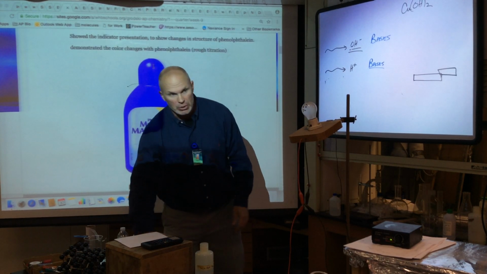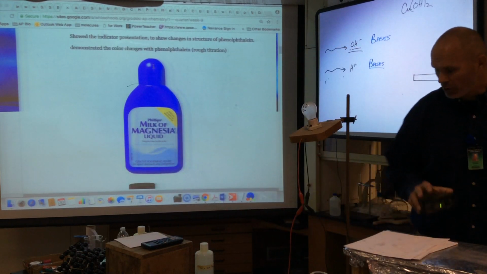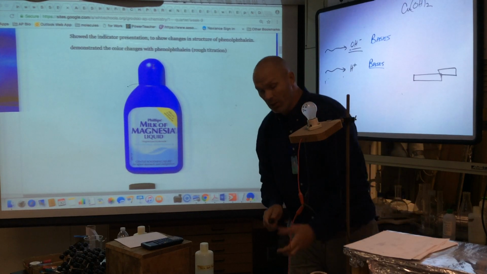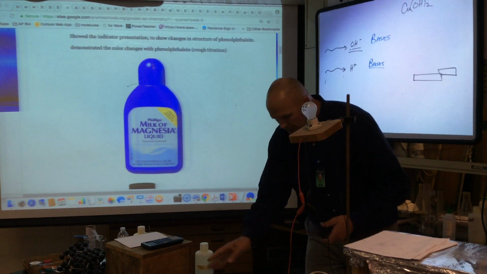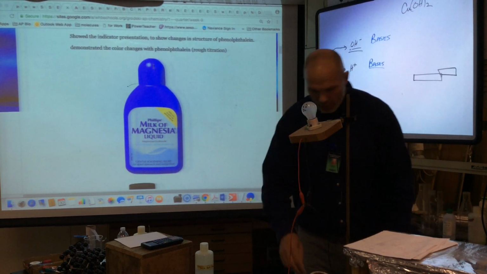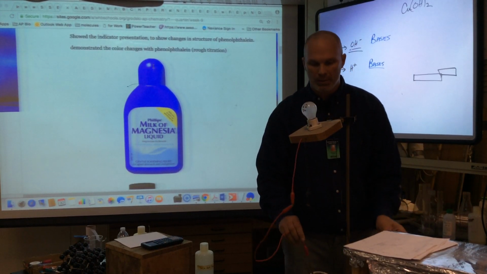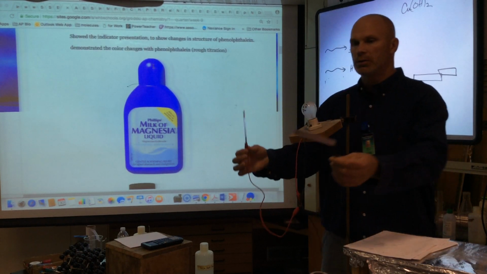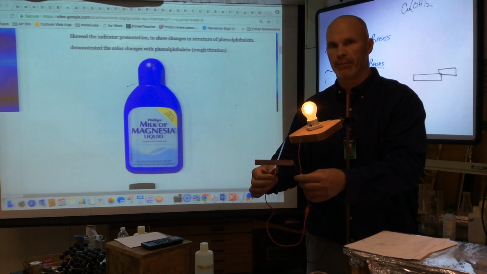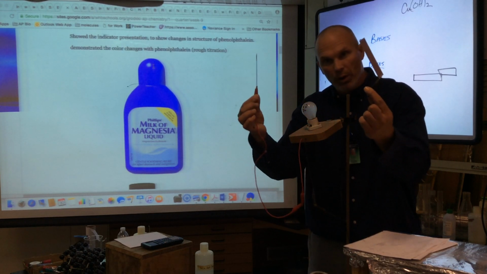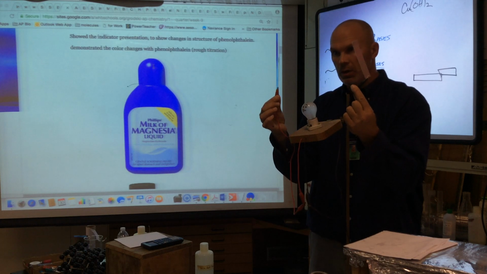Now, what's an electrolyte? Well, an electrolyte is something that conducts electricity in solution. So what I have here is Ernie, the light bulb, okay? I powered this, it's plugged in. I close the circuit, Ernie should light up. Now, the reason why this is working is I have metals.